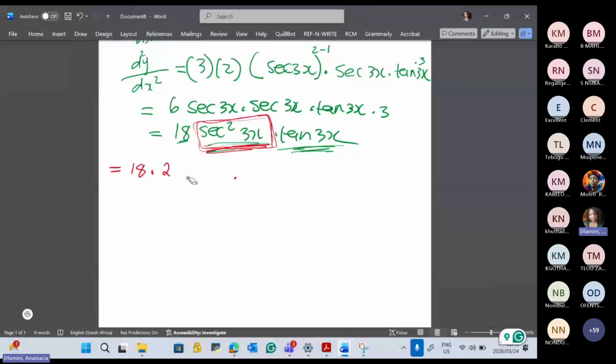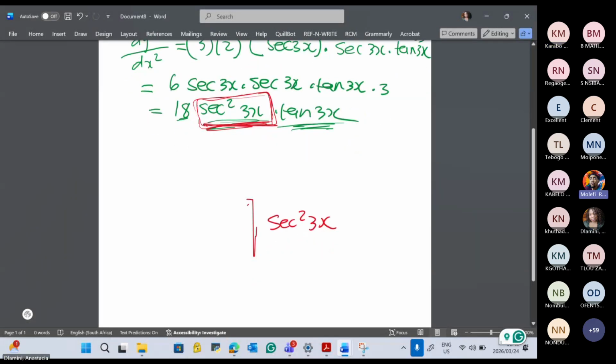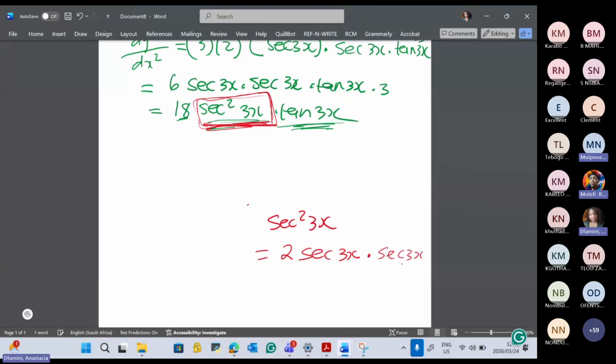Can we differentiate sec squared 3x on its own? It becomes 2 sec 3x times the derivative of sec 3x. What is the derivative of sec 3x? It's sec 3x tan 3x times 3.